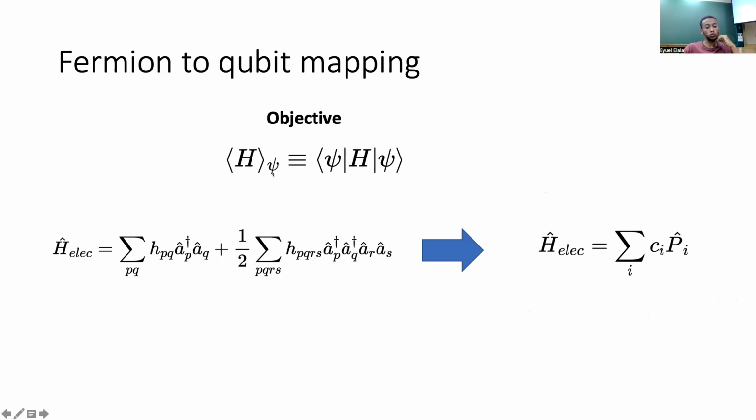So we need a mapping from this description into a summation of Pauli terms, because we can evaluate the expectation value when the expression is written in terms of Pauli operators. So we need a mapping from fermionic representation into a qubit representation.